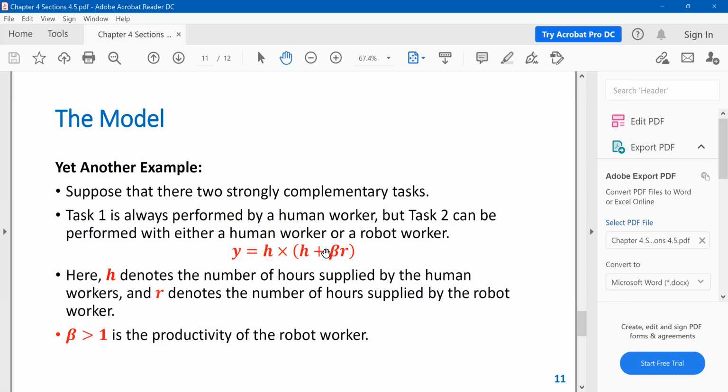And the productivity of the robot worker, here as you see, is beta relative to the human worker, greater than 1. So a robot worker would be more productive than a human worker in this task.